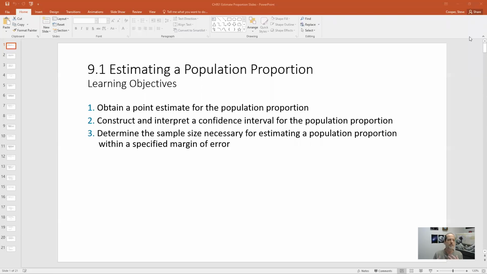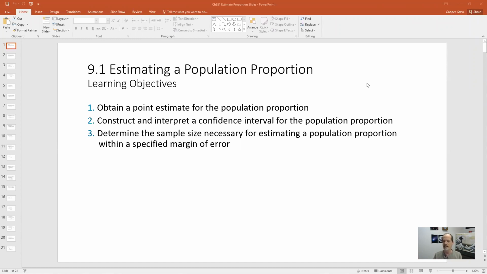Okay, so just to give you some discussion on what we're talking about here, our goal is to estimate a population proportion. It's pretty much impossible to get a true proportion for the entire demographic of United States adults, 18 to 34. Whatever your subject matter is, sometimes it's impossible to address the entire population.